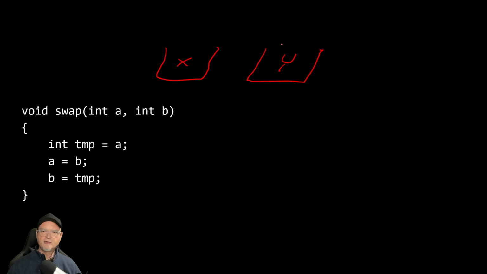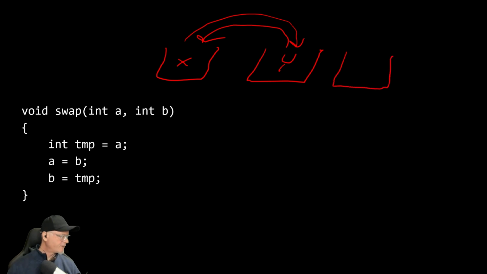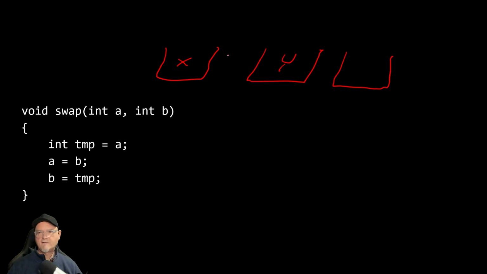The concept we're going to demonstrate here is such that we can't take y and put it into x, because that would either destroy x or mess up the values, and we can't do the reverse. And so from a memory perspective, we need some kind of way to create a temporary holder for a value. And so if we wanted to swap y and x, we might take x and put it over here.